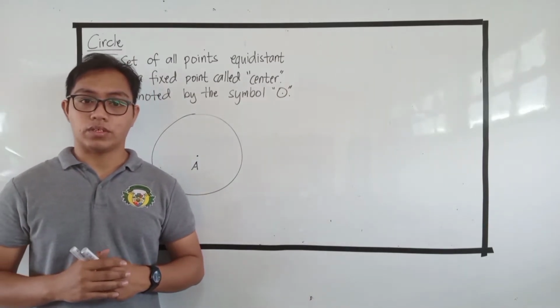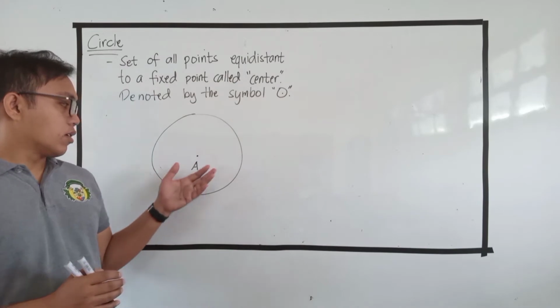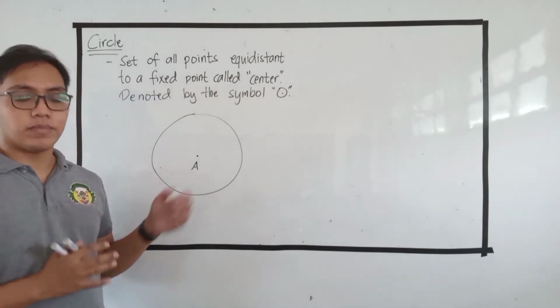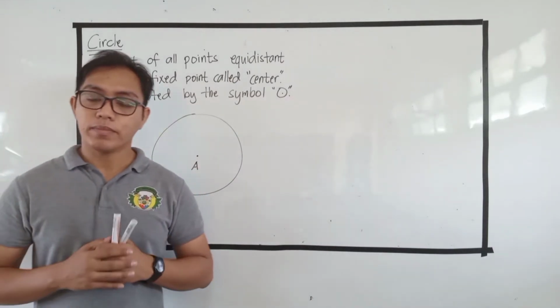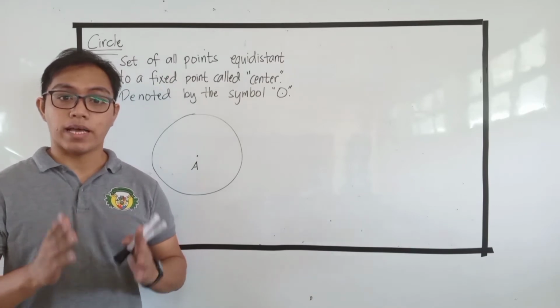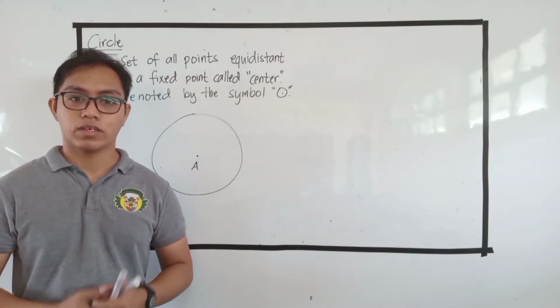Assuming that this is a circle with the center A, we can name this circle by its center.